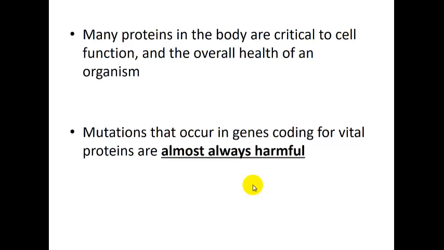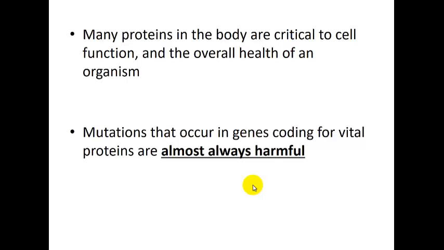You might see this, for example, in proteins that process oxygen. Vital proteins for oxygen metabolism, for oxygen-breathing organisms like you and I, are critical. Very, very little room for mutation in those. But other proteins that may play a role in cell surface structure or the cytoskeleton may not be as critical.